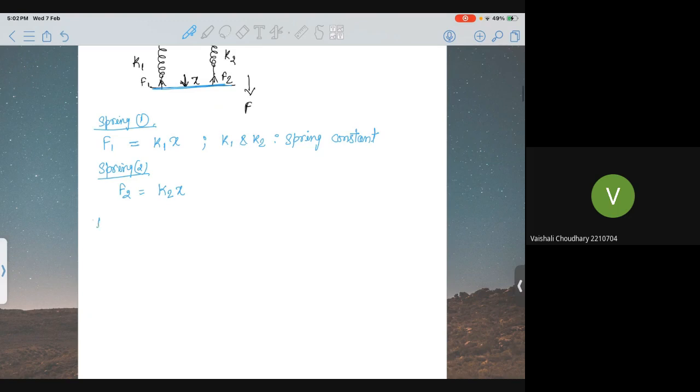Now, if we calculate the total force, F equals F1 plus F2.